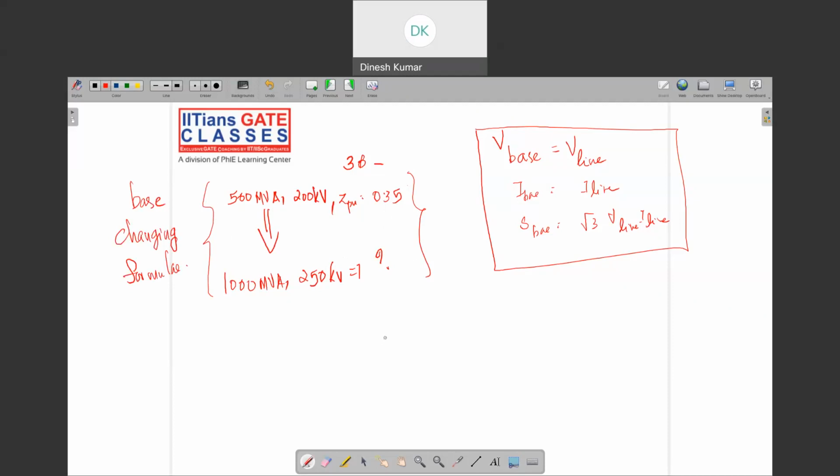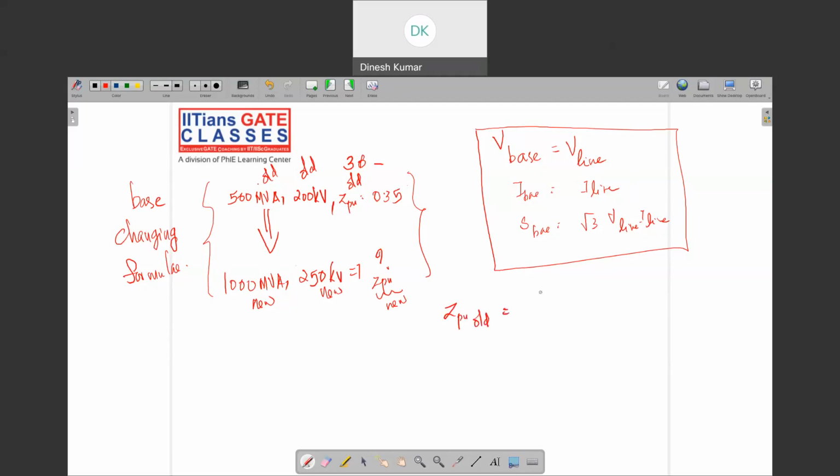So we can write like this. We are taking these things as old, and this is new. This is basically Z per unit. We know the value of Z per unit old, and from there we have to find Z per unit new. What is Z per unit old?